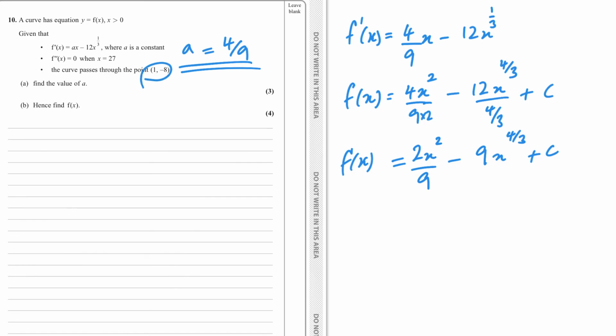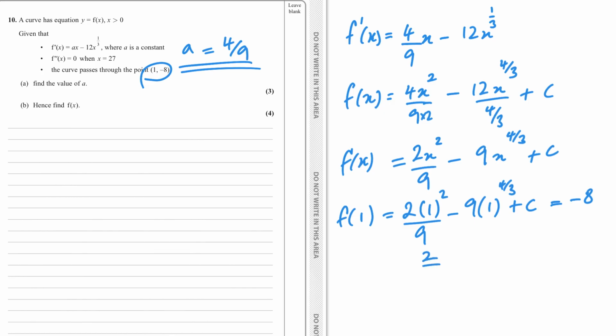It tells me in the question that this curve passes through the point 1, minus 8. So f of 1: 2 lots of 1 squared over 9 minus 9 times 1 to the 4/3 plus c, and then this should equal negative 8.